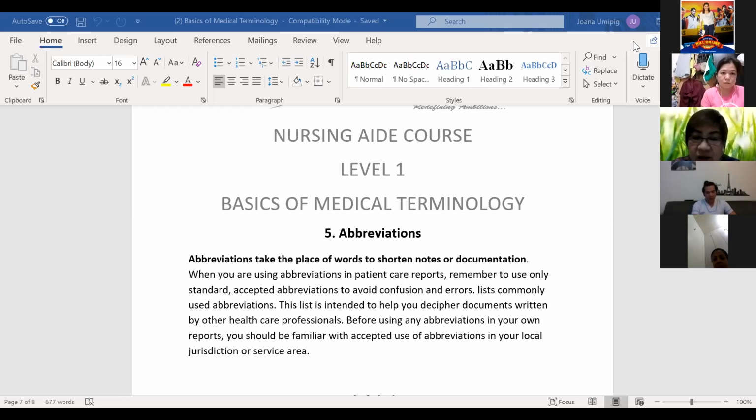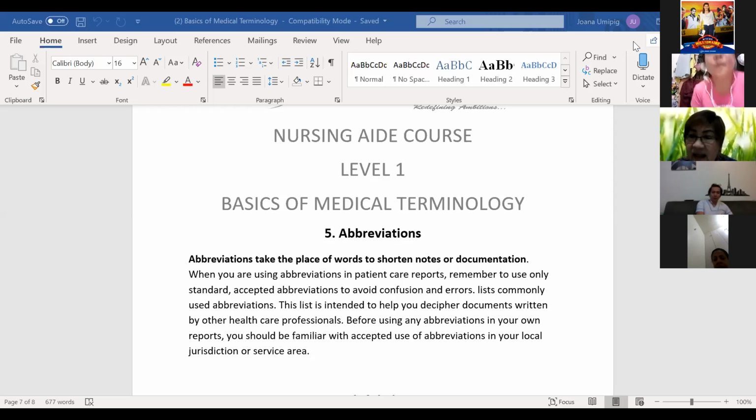Okay, so when you are using abbreviations in patient care reports, remember to use only standard ones. We have standard approved abbreviations internationally, and there are hundreds and thousands. So it's difficult for us to even memorize them. So we just take what is most common, and it should be standard.